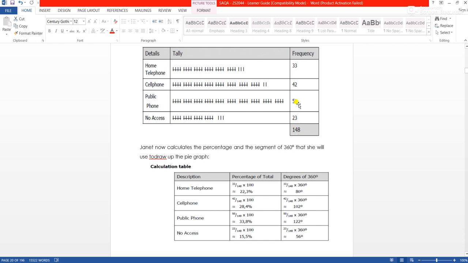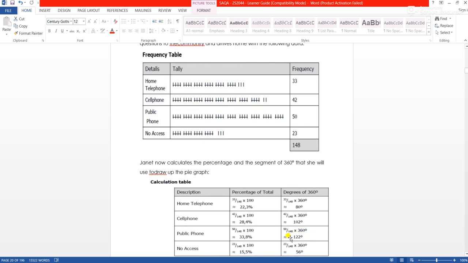We use that same approach for the other descriptions: cell phone, public phone, and no access. When you total these degrees, it has to give you 360. For instance, if you take 80, add 102, add 122, and add 56, it will give you 360. That's how you get your degrees within a pie chart.